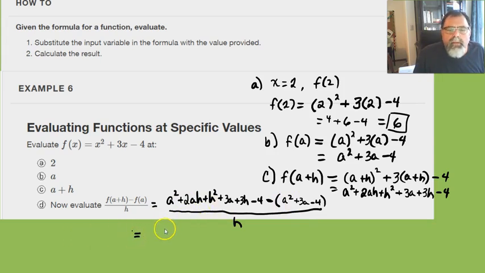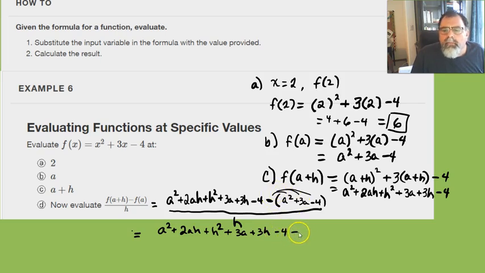Now let's see, if we distribute this minus sign, we get a squared plus 2ah plus h squared plus 3a plus 3h minus 4. Okay, distribute the minus sign. Minus a squared minus 3a plus 4.